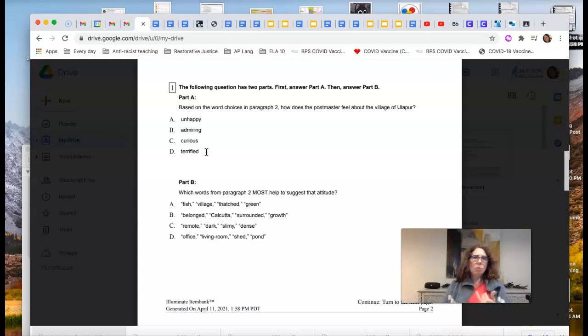I look at ly words. I look at my prefixes to determine, okay, what other words do I know that begin with the same word beginnings, right? I'm trying to determine the description of his actions and his tone and his mood and his feelings. What clues do we have?